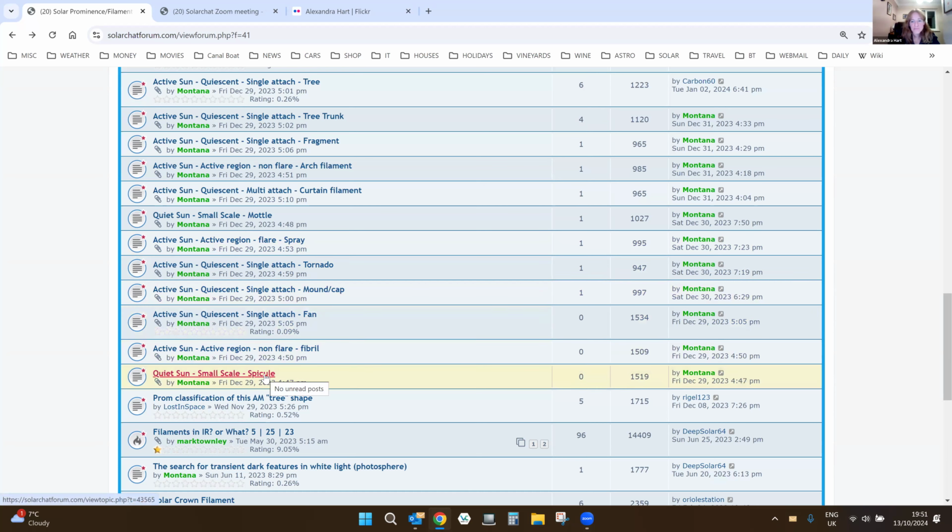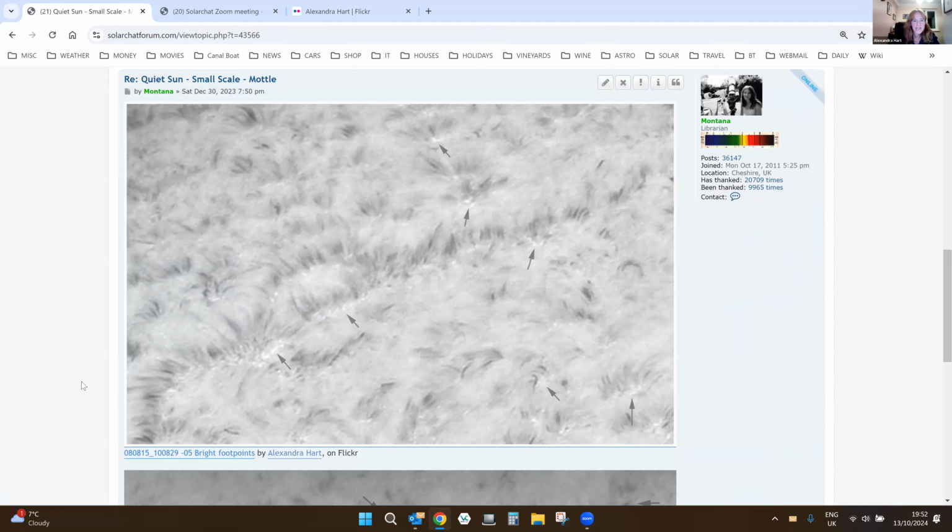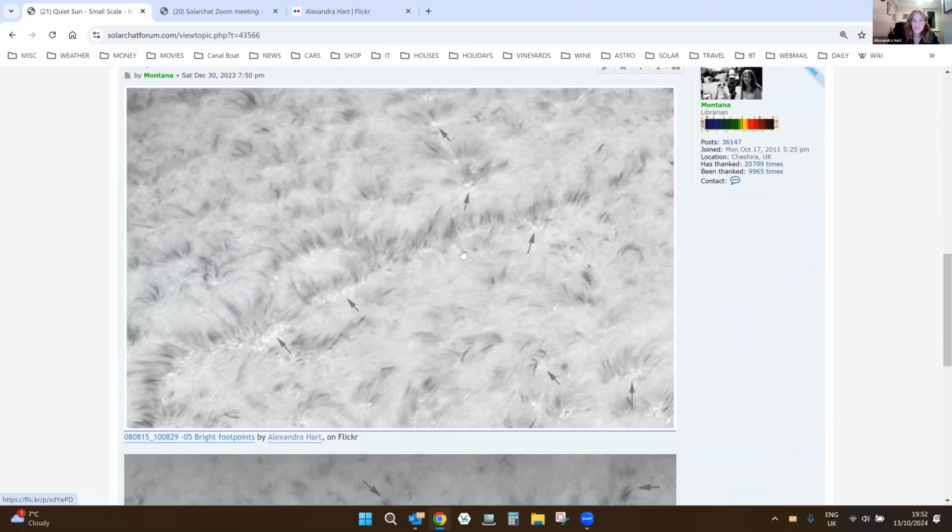So on the spicules, I haven't got any high resolution images, but I know that some people like Banjo have amazing pictures of spicules along the limb, because I just can't get that. I did have a go, and I've got one of the mottles that I've taken. But they're better to see off band, so this is an off band image.